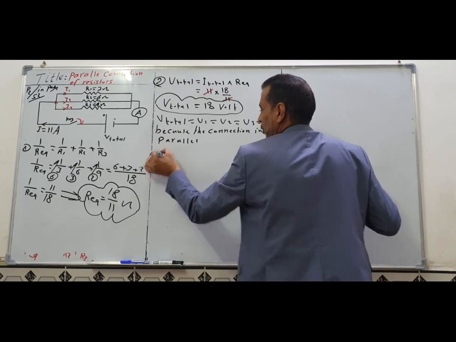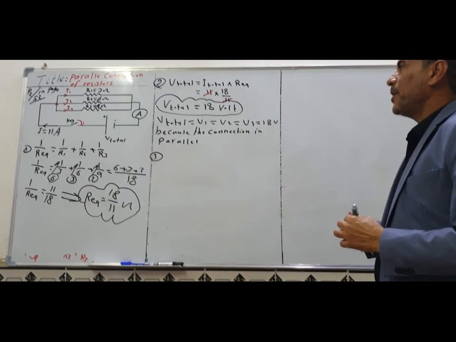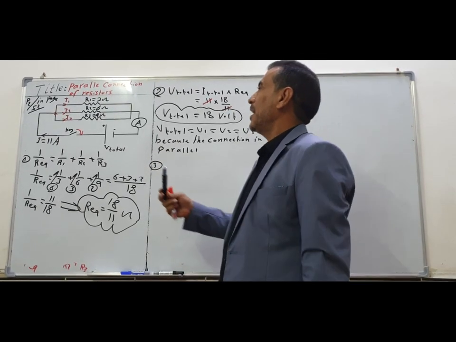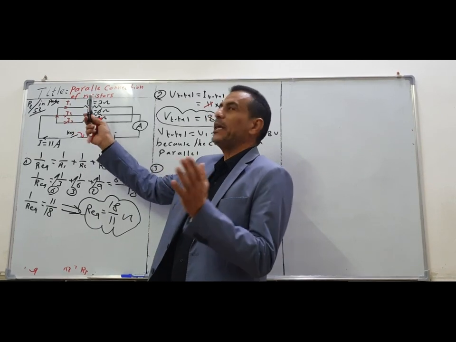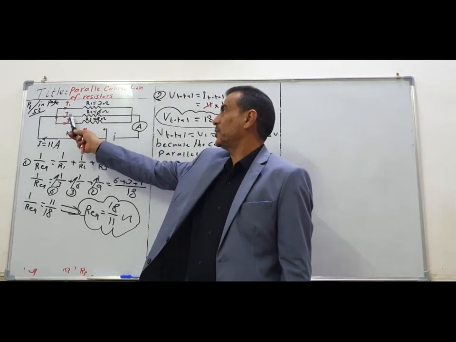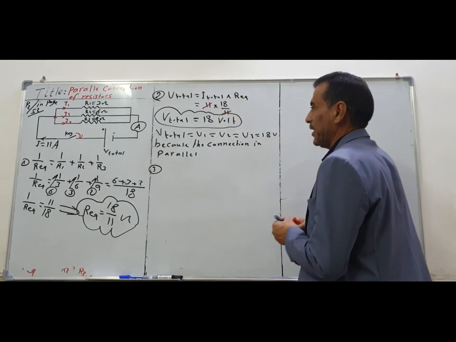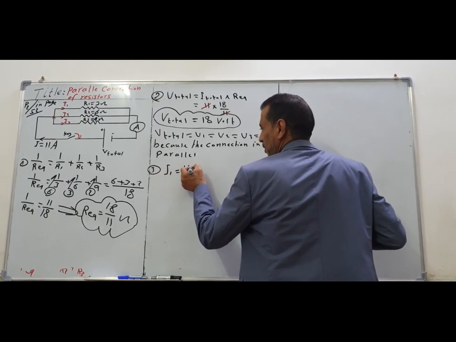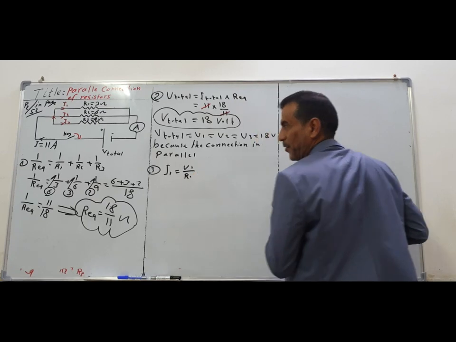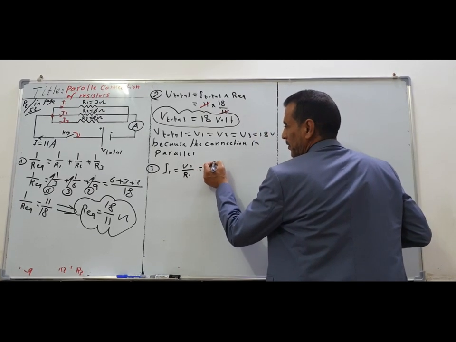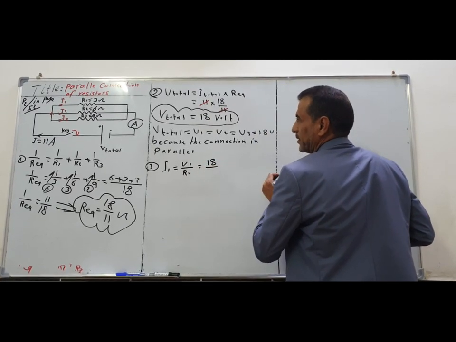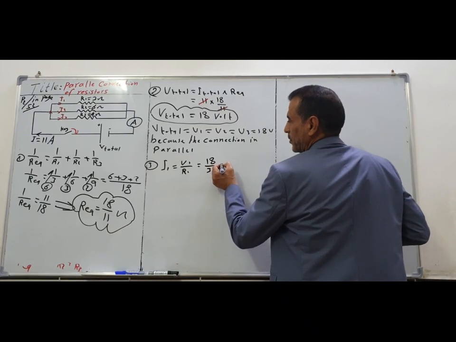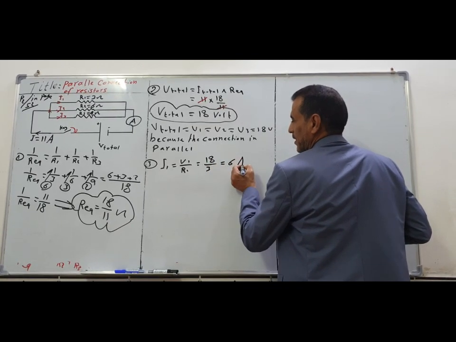Number 3. Calculate the electric current flow in each resistance, I1, I2, and I3. I1 equals V1 divided by R1, which is 18 divided by 3, equal 6 ampere.